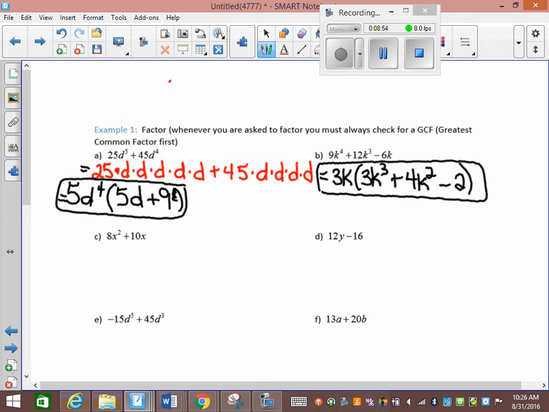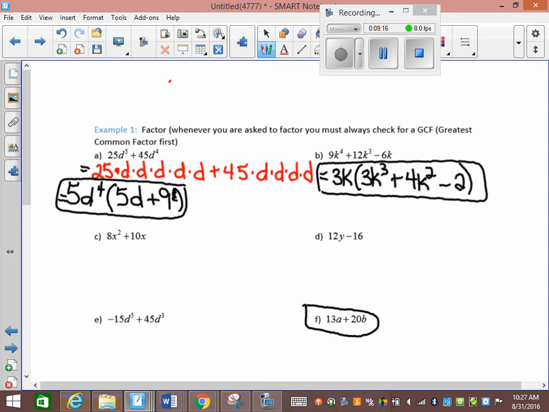You're going to do the rest. Some of them you can't make any better than they are. For example, f: 13a plus 20b. 13 is a prime number. I can take nothing out of 13 and 20 except 1. And a and b don't have the same letters, right? This one is done. It's no better than that. So sometimes you can't take anything out.